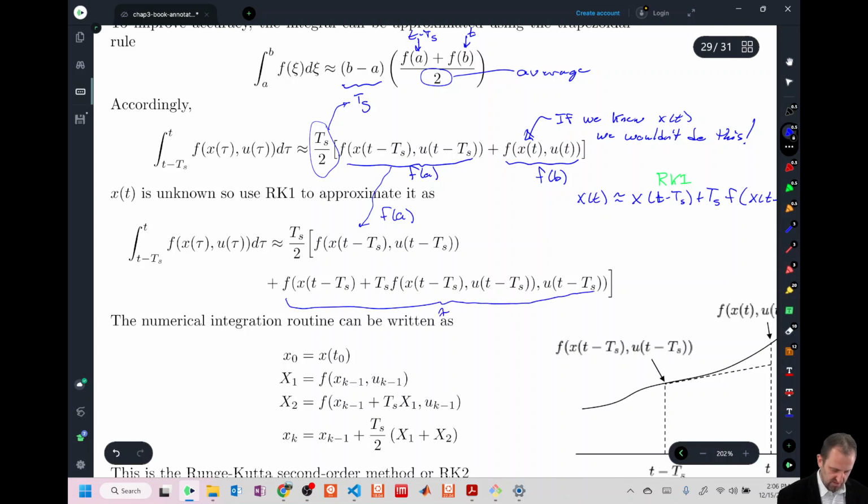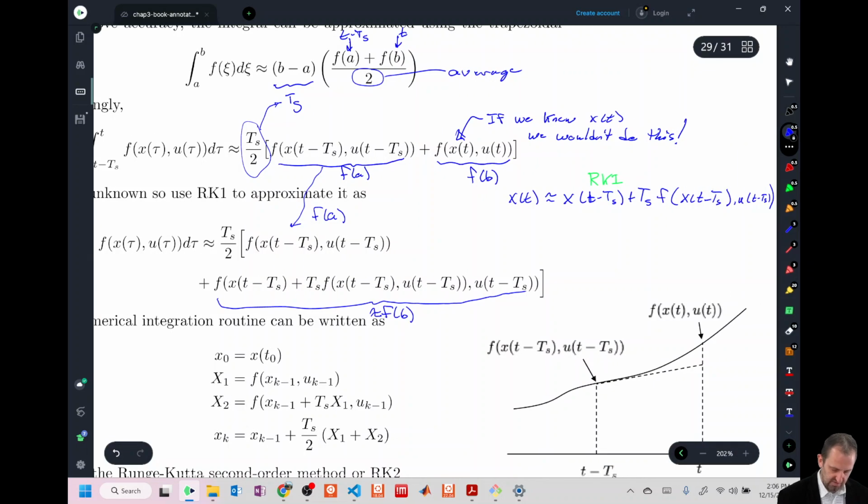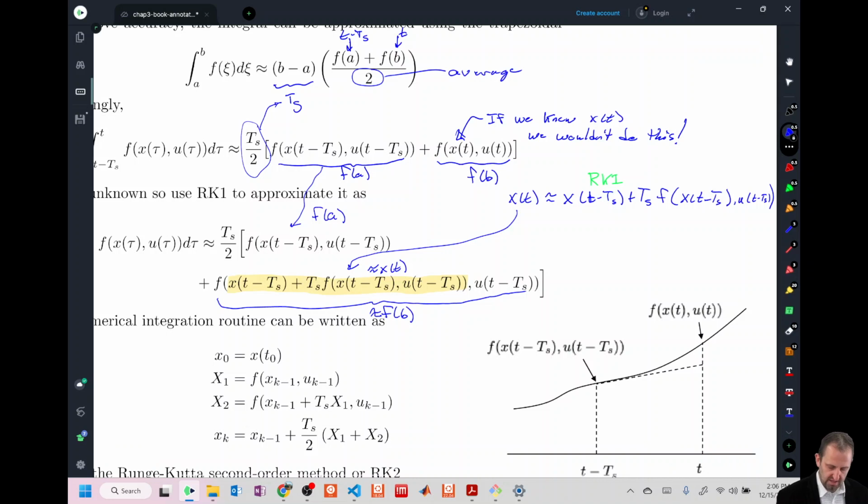This is almost equal to f of B, where we've just thrown x of t in for our x variable. So this whole element that I'm going to highlight is just an approximation for x of t. And note, another thing is that this guy right here, we just keep our input constant.